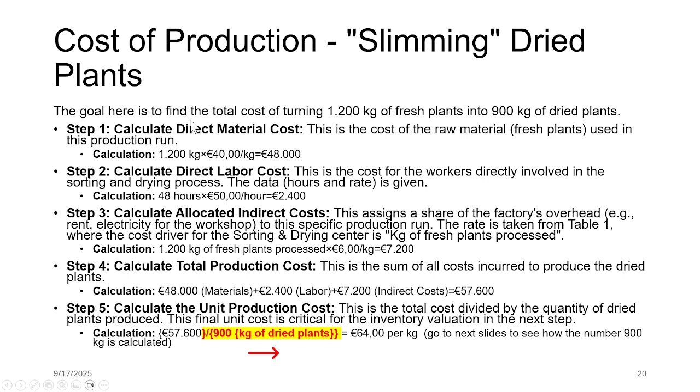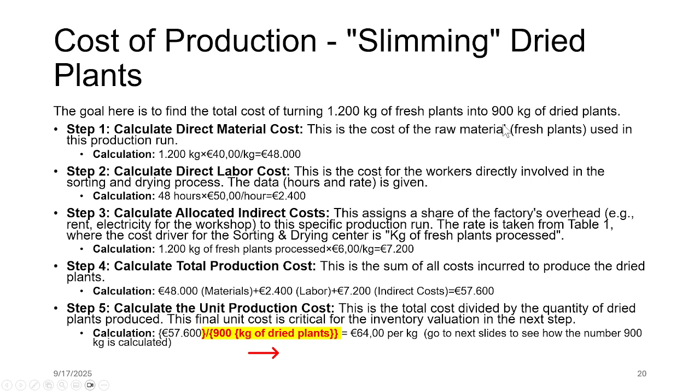The goal here is to find the total cost of turning the 1,200 kilograms of fresh plants into 900 kilograms of dry plants. So you will ask me where you can find the information about the 900 kilograms of dry plant.